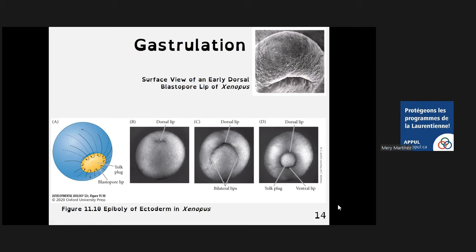So while the blastopore lip extends laterally and ventrally, here we have the beginning of this dorsal lip, we have the epiboly that is going inside, moving all around. And here we have a little bit more of the dorsal lip, and as it progresses, we have the bilateral lips. And at the end, we have the ventral lips. So dorsal lip, lateral lips, and the ventral lips.